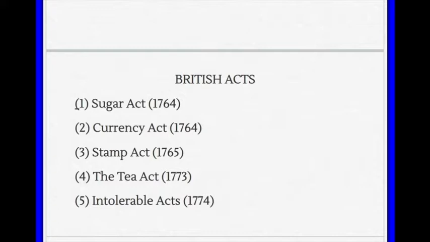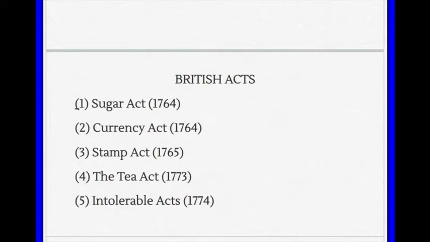The Boston Tea Party was when the British colonists dumped the tea out into the harbor, and as a result of that, the British Empire will implement the Intolerable Acts. Britain also closed the port of Boston until the tea was paid for.